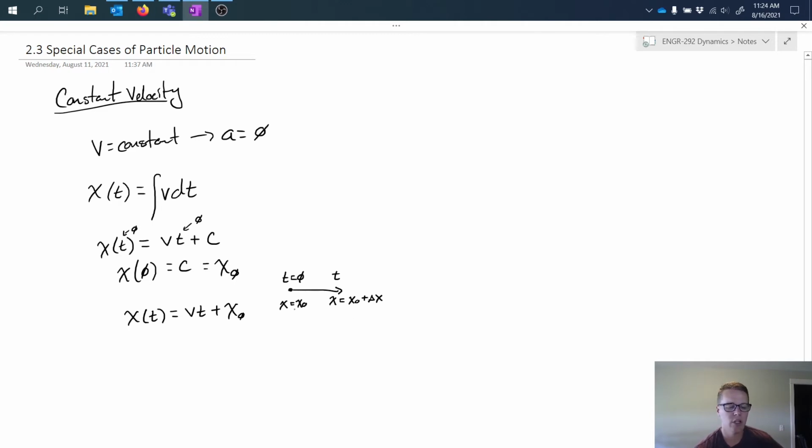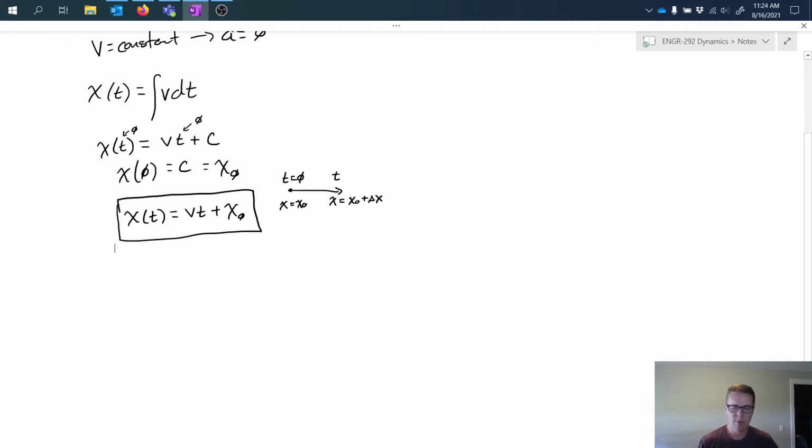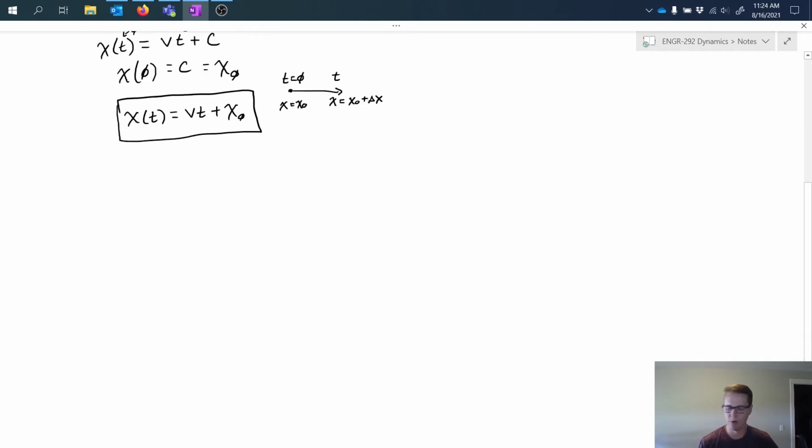So this initial x naught is the thing that we're adding on there to get this function for x. So that can be useful in that it gives us an equation for the position under the constant velocity condition. And again, we know that in that condition, acceleration is also 0.